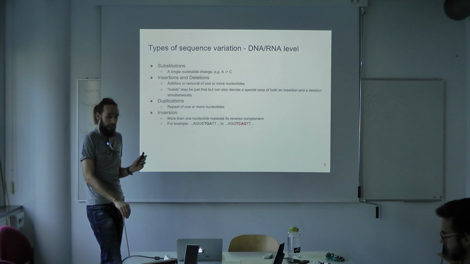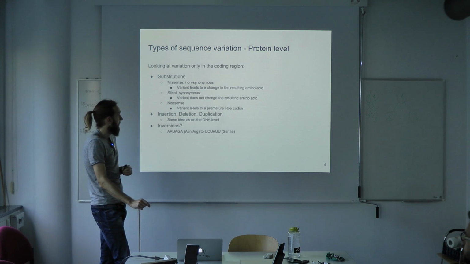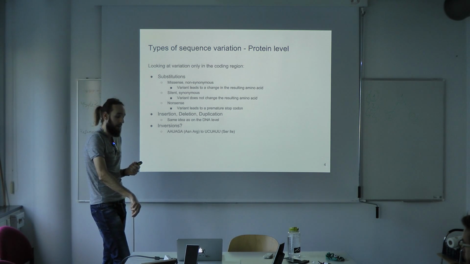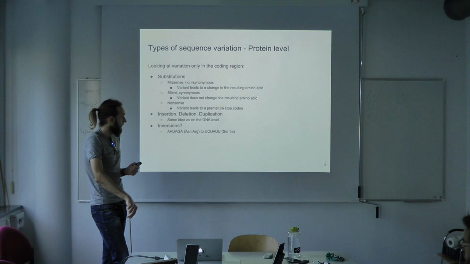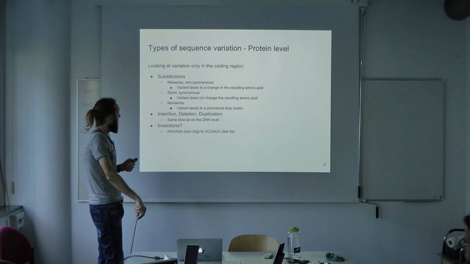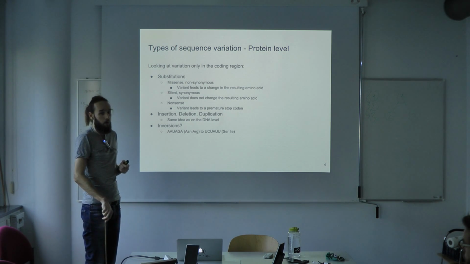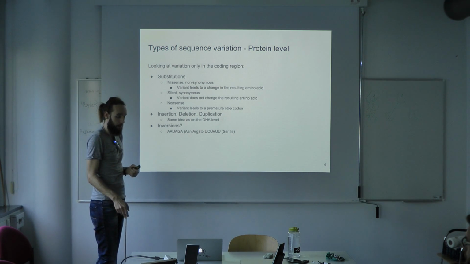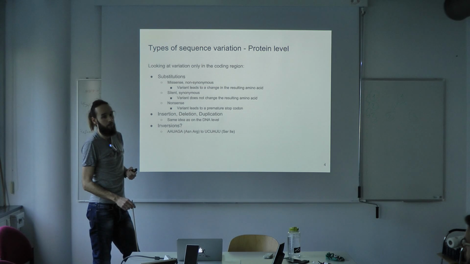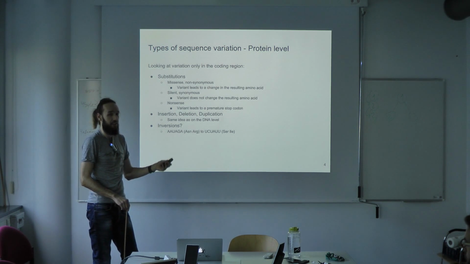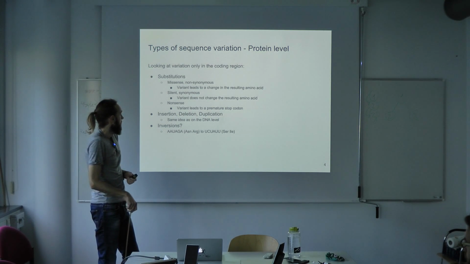On the DNA and RNA level, if we look at proteins now, so these changes appear on nucleotides. If we now translate to the proteins, what do these changes now look like? Substitutions can now be missense or also non-synonymous. So that means we change that one nucleotide in a way that it changes the amino acid that it translates to.